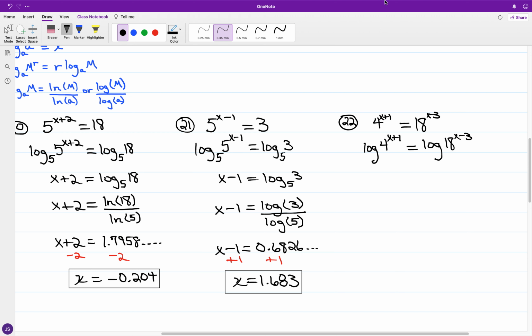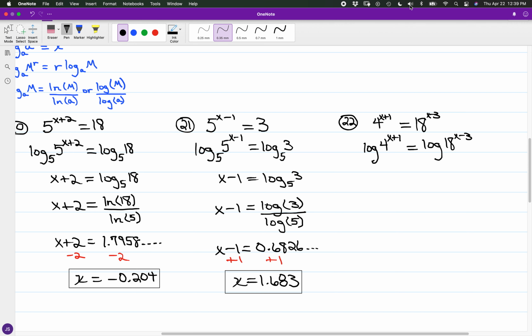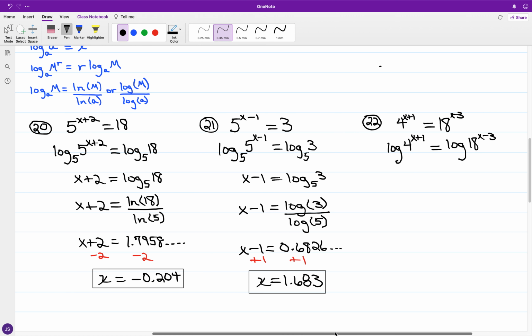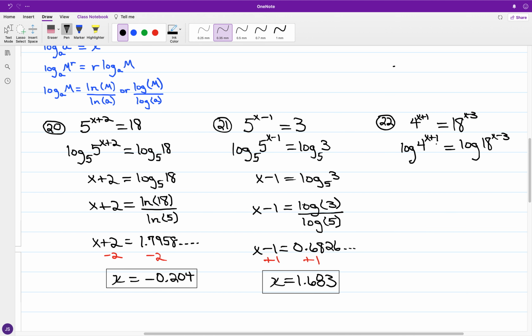And so just looking at what we have here, with x plus 1 and x minus 3, again, we can convert these expressions into coefficients on the basis of the base a logarithm of m to the r is equal to r times the base a logarithm of m property. So we can make these binomials into binomial coefficients.